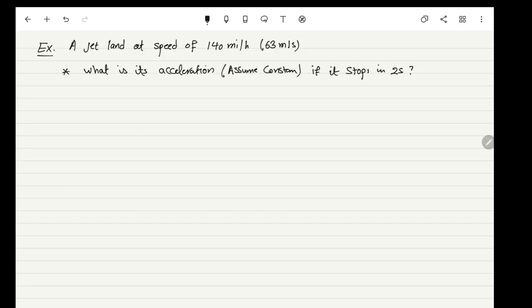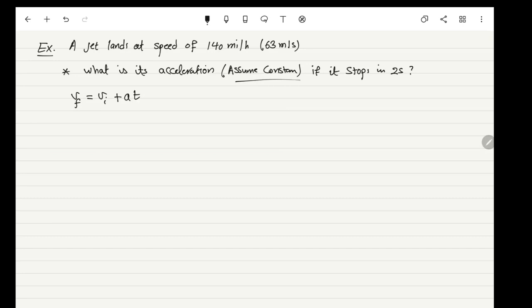Example: a jet lands at a speed of 140 miles per hour, which is 63 meters per second. What is the acceleration, assuming it's constant, if it stops in 2 seconds? To find the acceleration, and it's mentioned here that it's constant, we can use the equations of motion. So v final equals v initial plus a t.